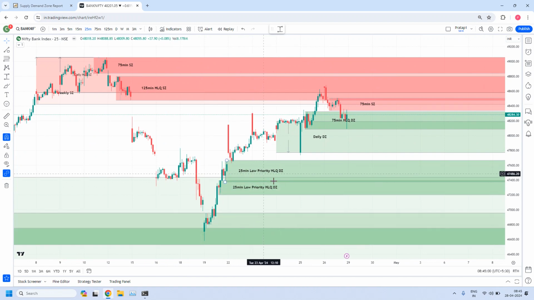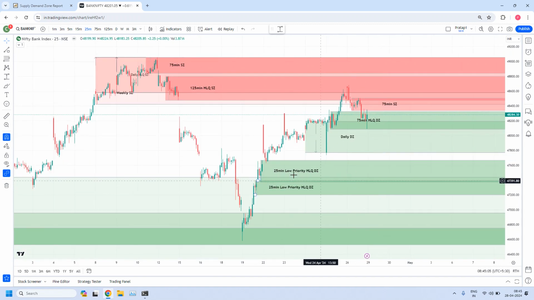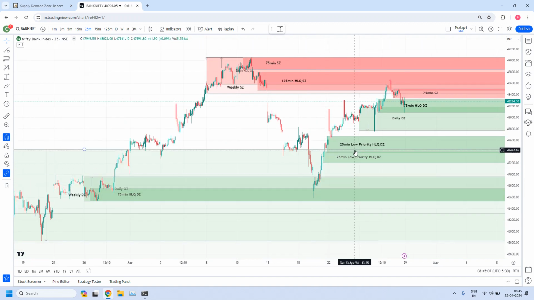They are having some importance. We need to combine both these zones and you need to plan your trades next time, but they are having some significance.